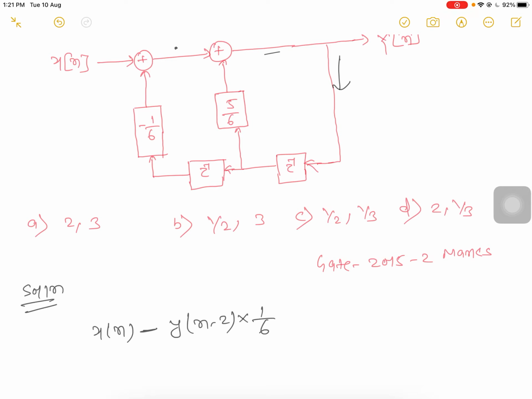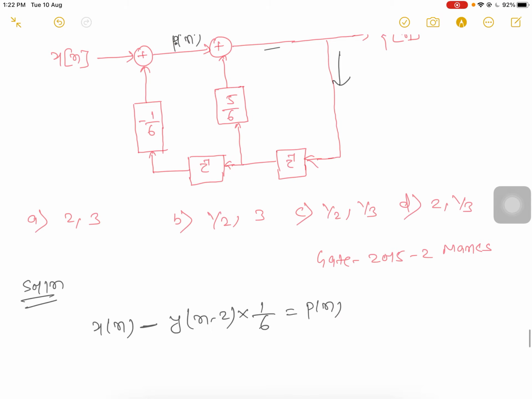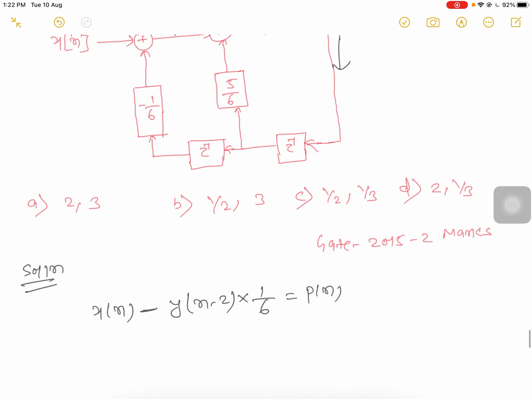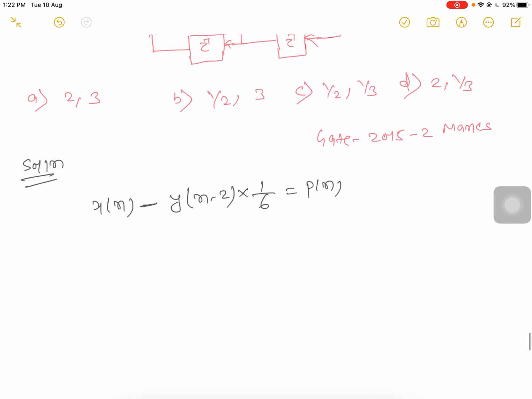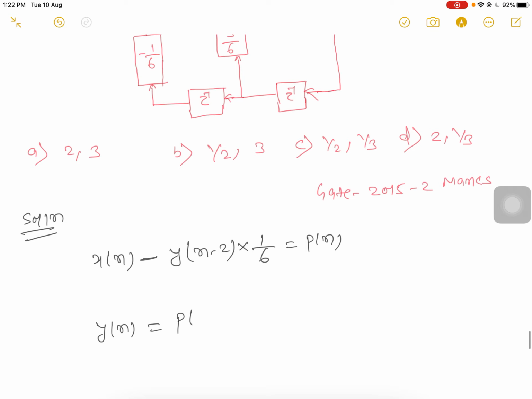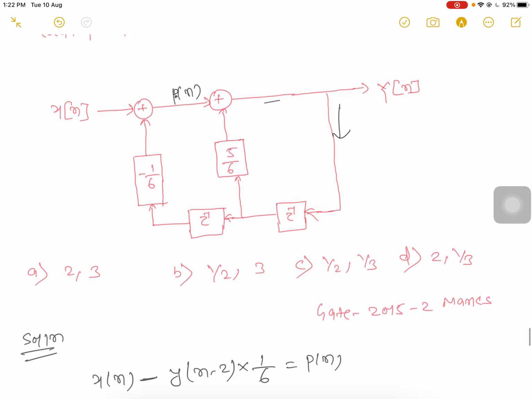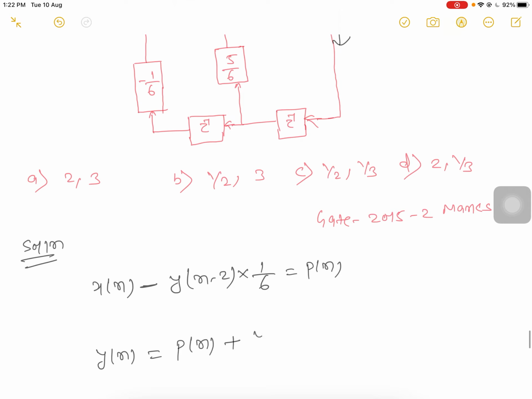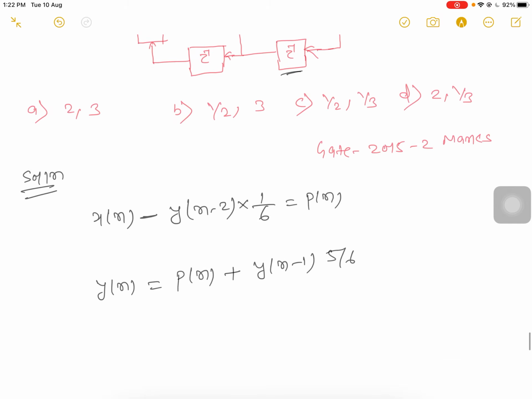Let us consider this part as p[n]. Now y[n] is equal to p[n] plus y[n minus 1] times 5/6.